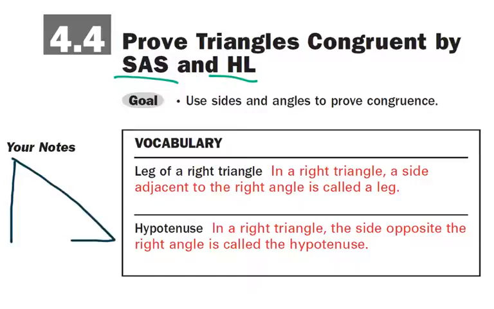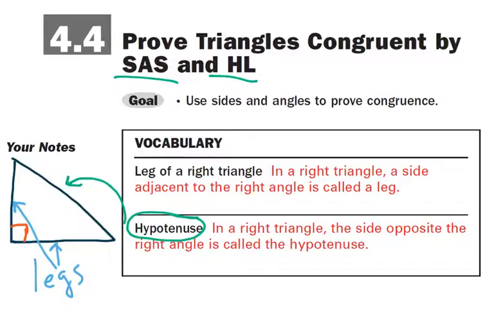In a right triangle, with the right angle there, you've got 3 different sides. 2 of those sides are called the legs. They will always be the shorter sides. Okay, so those are our legs.